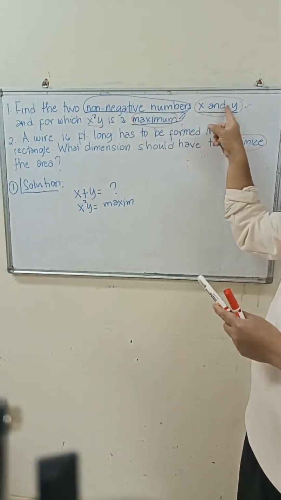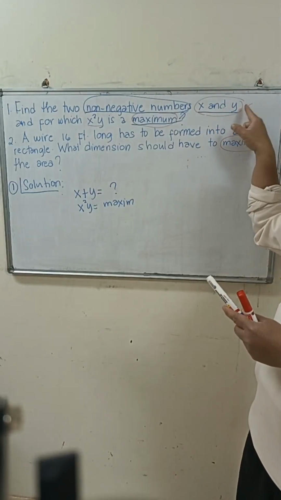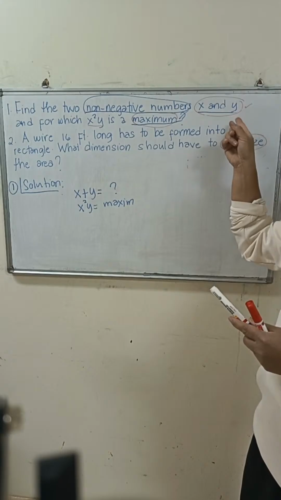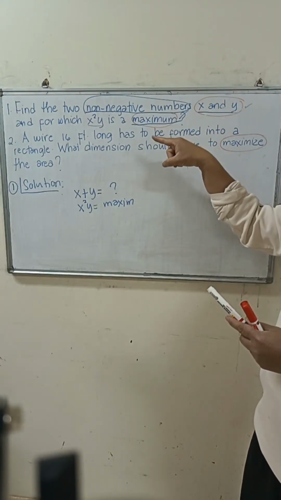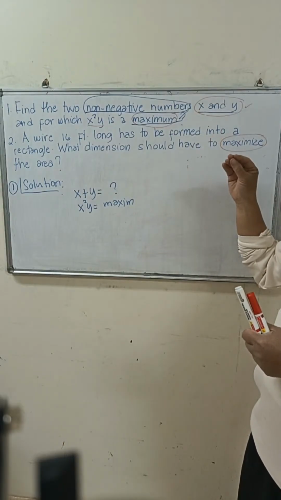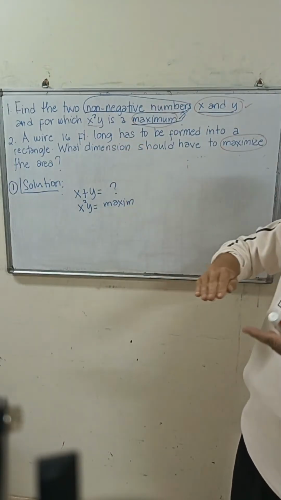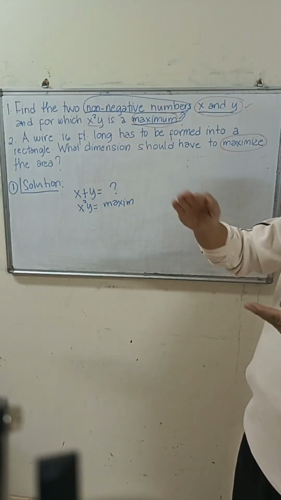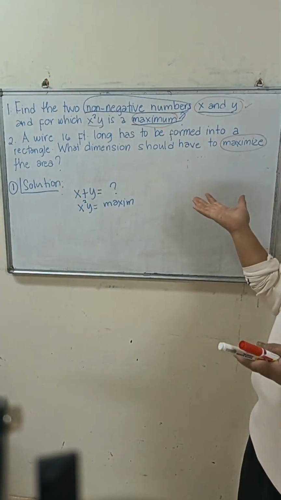It's not saying we need to differentiate x and y alone, because they are not maximized in the sentence. Be careful also with grammar accuracy. For which x squared y is a maximum. If it follows the sentence in that phrase, then you're going to maximize or minimize. You're going to differentiate that condition automatically in calculus problems.